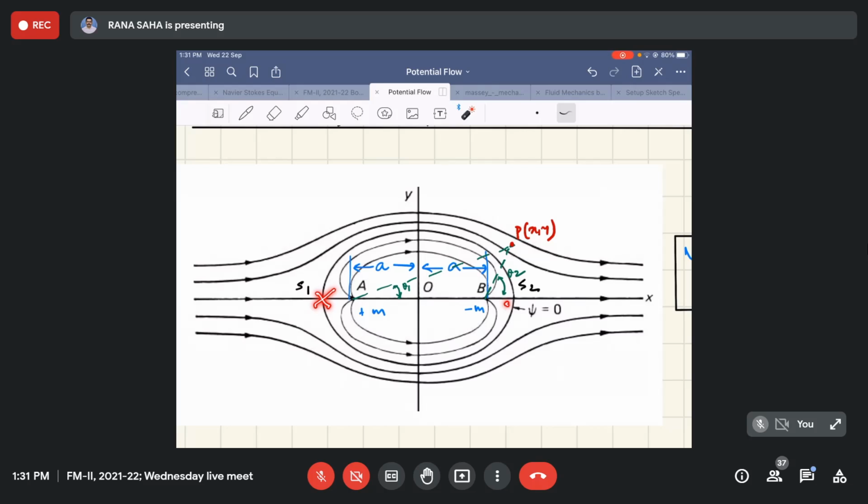So this is S1 and this is S2, and this gives us the streamline passing through both S1 and S2. We obtain the value of the stream function, and then the equation results in a contour which looks like a complete body. The trailing end also converges here at point S2. This body we call an oval body, but please be assured that there is no body here.